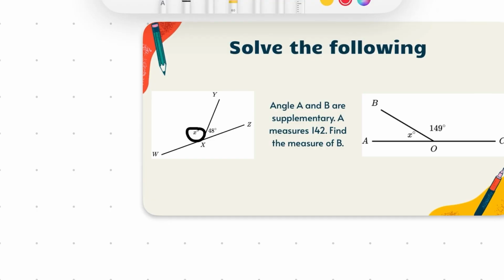So we can set up an equation. Since supplementary means that they add up to 180, we know that X plus 48 must equal 180. This is just a simple equation that we can solve by subtracting 48, and we get that X is equal to 132 degrees.